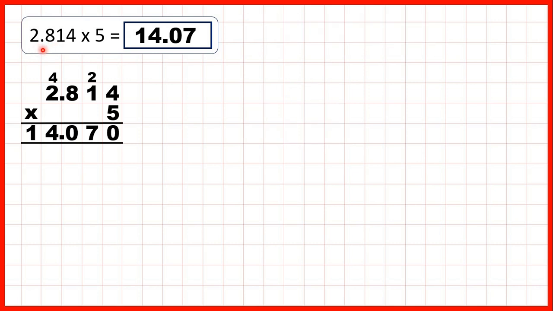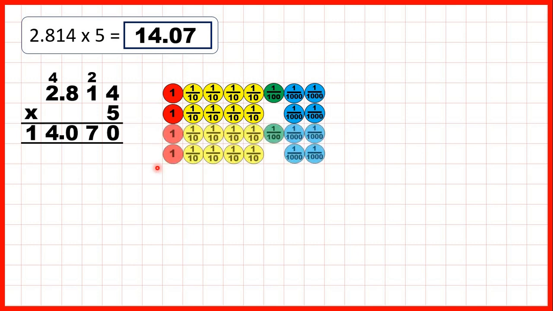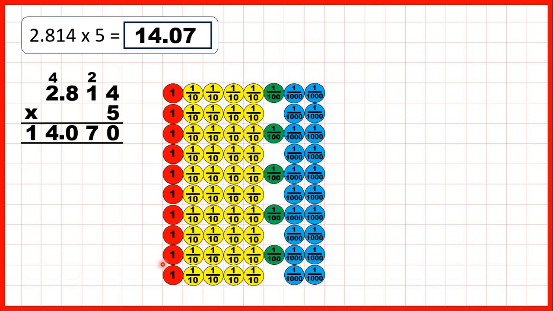Let's just take a look at this first question again. We had 2.814, so that's 2 ones, 8 tenths, 1 hundredth and 4 thousandths. We were multiplying by 5, so we can show this 2, 3, 4, 5 times. Now what we did was 4 times 5, and that gave us 20, and you can see that we have 20 thousandths.